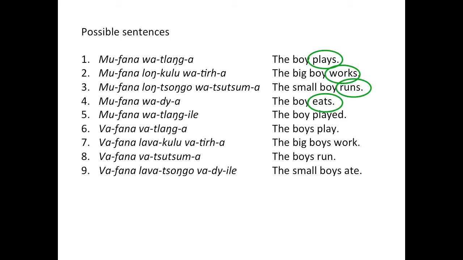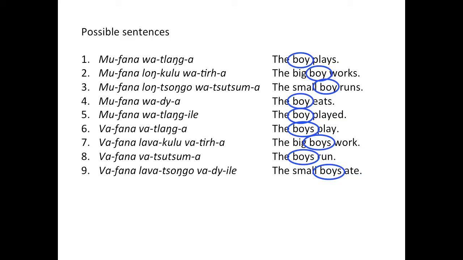Sometimes the subject noun has an adjective modifying it, either the big boy or the small boy, and sometimes there's no adjective in the sentence. Looking through the data, we see that the subject in every sentence is boy, although sometimes it is singular boy and sometimes it is plural boys. So I guess there will probably only be one noun in our lexicon, but there could also be number marking. This could also give us somewhere to start.